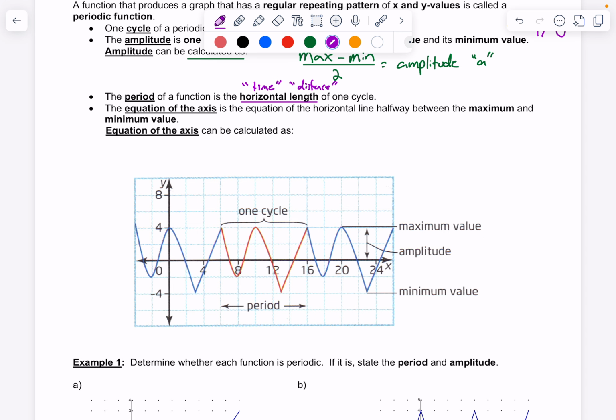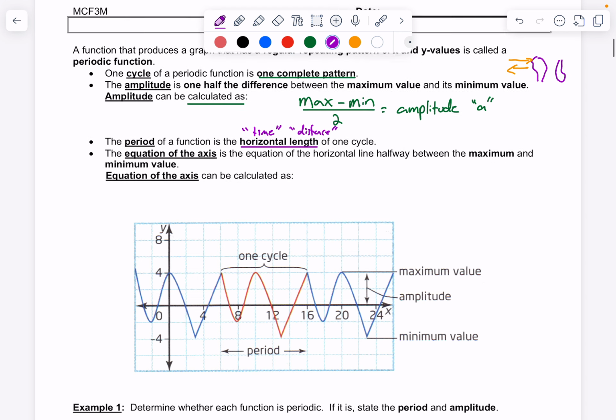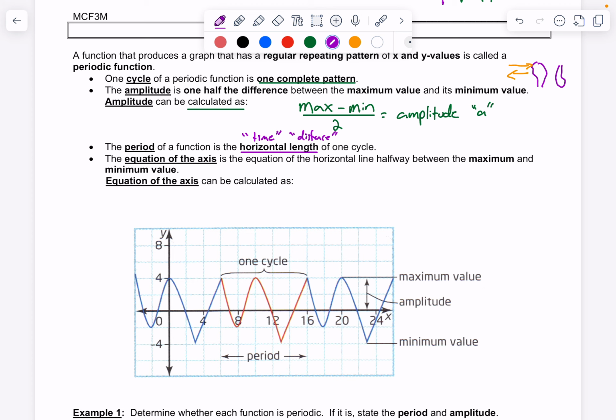So let's compare it to cycle. Using my analogy of breathing, a cycle was you taking a breath in, your lungs expanding, and breathing out. As your lungs go out and back in, that's a cycle. A period is similar to a cycle, but it's more about how long that cycle takes. That's what it means by one cycle.